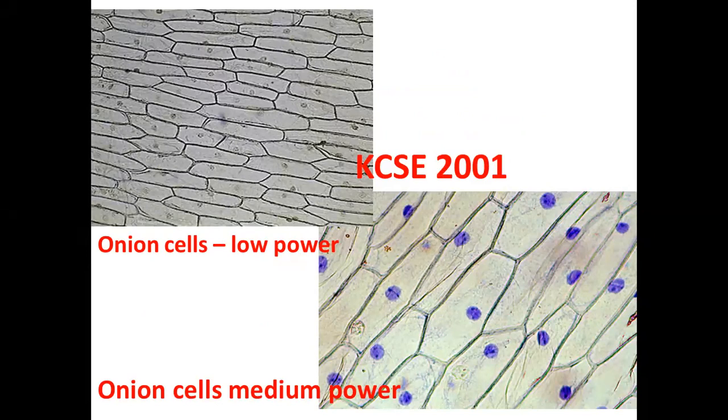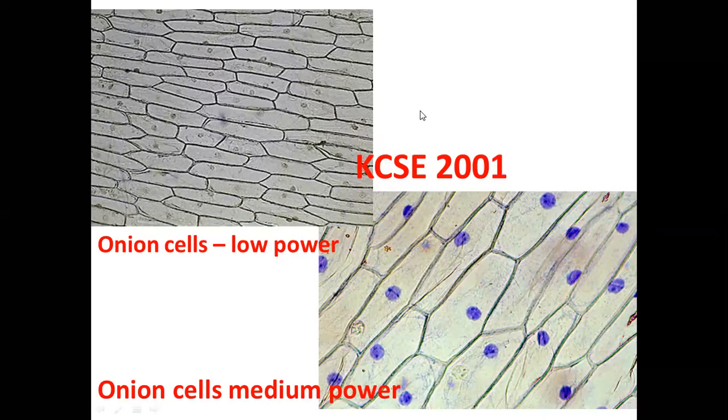Let's say you used low power and you have so many cells across the diameter, or you have a high power and you have fewer cells. So what I'm saying is, the higher the power, the fewer the cells. The lower the power, the more the cells, but it will not have an effect.